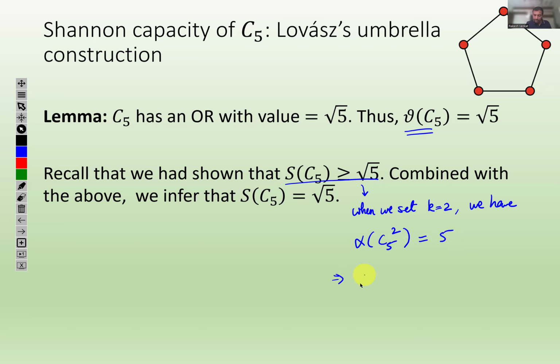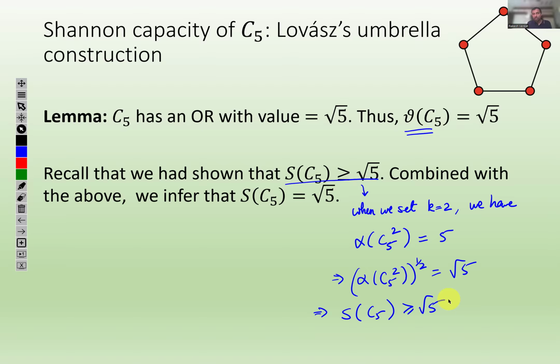And this implies that alpha of C5 squared to the power half is root 5, and S of C5 is the supremum over all k, and therefore S of C5 is greater than or equal to root 5. So this we had shown before, and we had actually listed down what it was: you take the second power and find 5 vertices such that they form an independent set. That's basically what we had done.